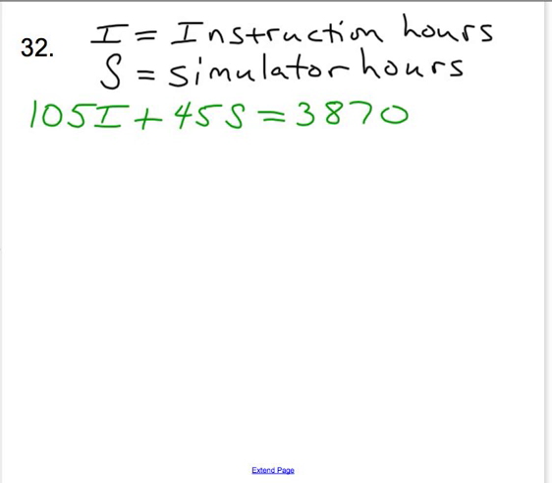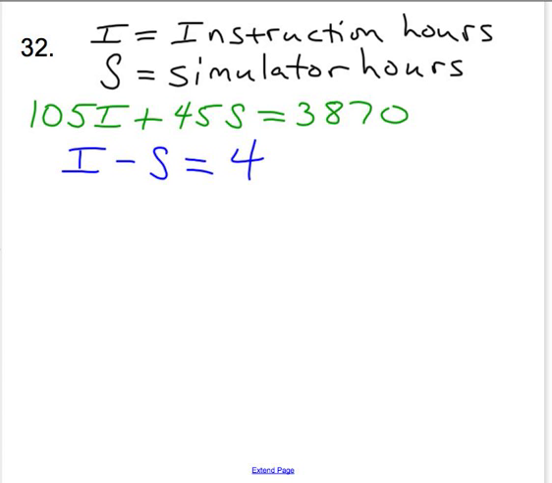Well, here's one way to look at it. If I were to take my instruction hours, however many that may be, and subtract my simulator hours, what should that difference be? According to that sentence, the school requires students to spend 4 more hours in airplane training. That difference should be equal to 4.